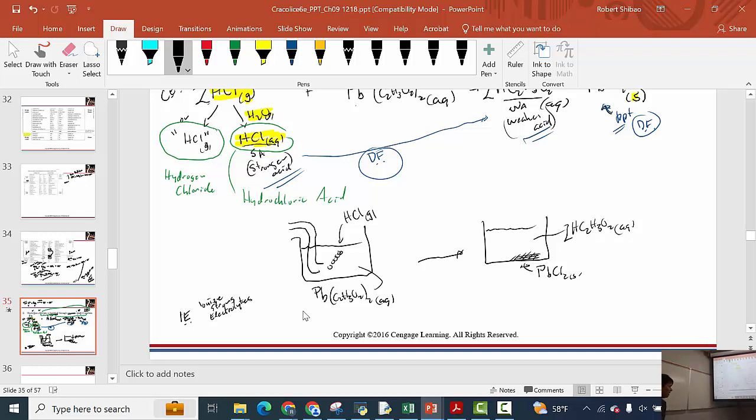Weak and non-electrolytes we leave alone. And so we're going to ionize only the strong electrolytes. The strong electrolytes are what? Strong electrolytes are strong acids, strong bases, and soluble salts.